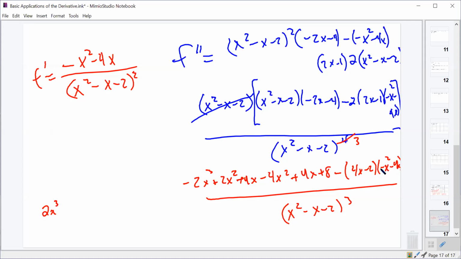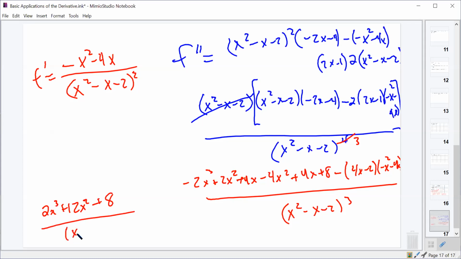So that's 14x squared from over here, minus 4x squared, plus 2x squared should be plus 12x squared. And then we're going to have a minus 8x here. So plus 4x plus another 4x. Looks like that should cancel out. And then we've got a plus 8.